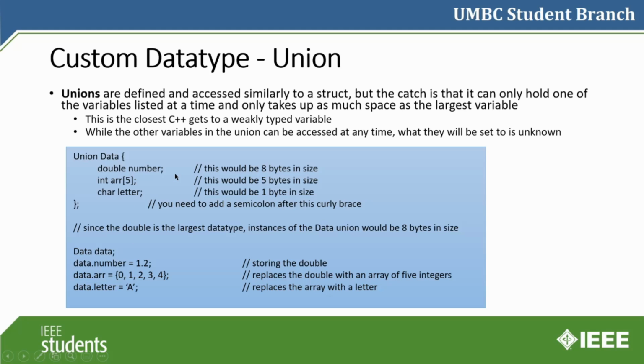This is the closest C++ gets to the other version of storing variables called weakly typed variables. C++ uses strictly typed variables. However, other programming languages like Python, for example, use weakly typed variables where you can store any value into a variable, and it doesn't have to be a specific data type.